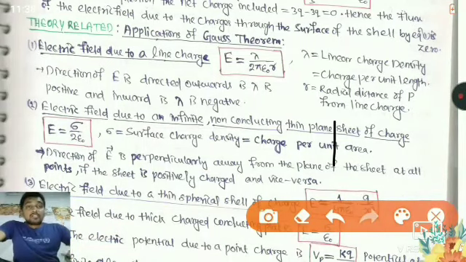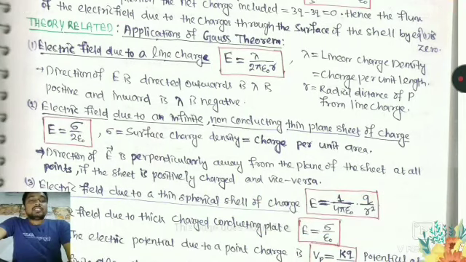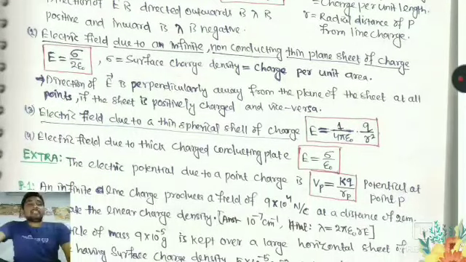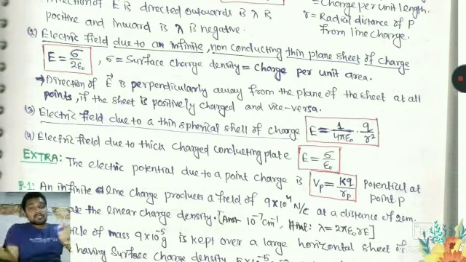Lambda is the line charge density. Similarly, the electric field due to an infinite non-conducting thin plane sheet of charge is equal to sigma by twice epsilon 0. Sigma is the surface charge density, or charge per unit area. Similarly, volume charge density is charge per unit volume.